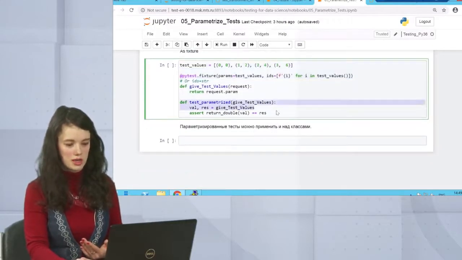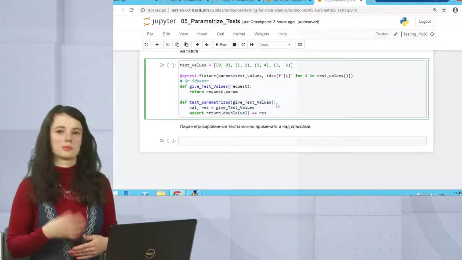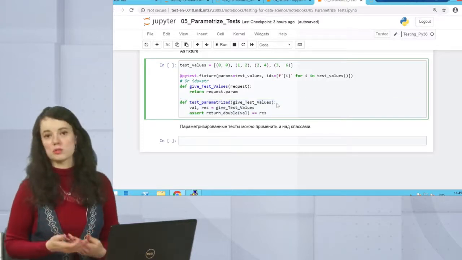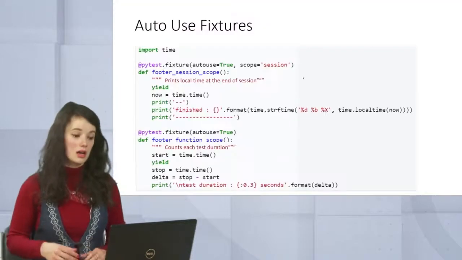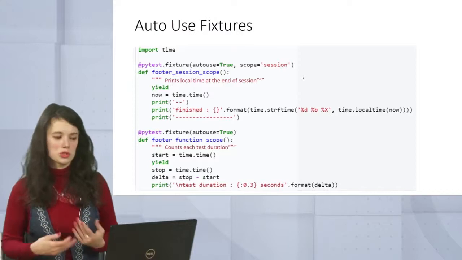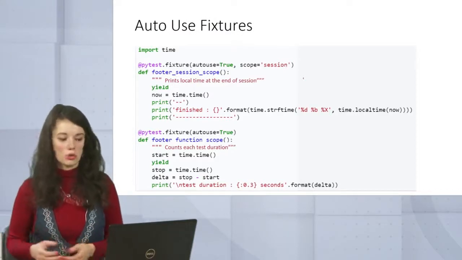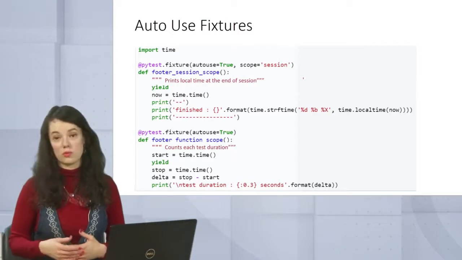And your function becomes a little bit shorter. You can also parameterize not only functions, but classes too. On the slide, you can see also useful fixtures for checking your time in the session or checking the time of test duration.